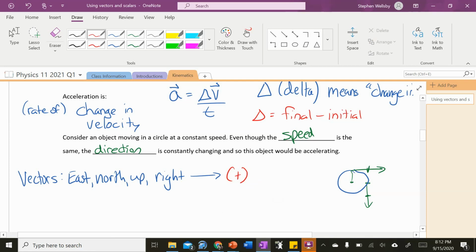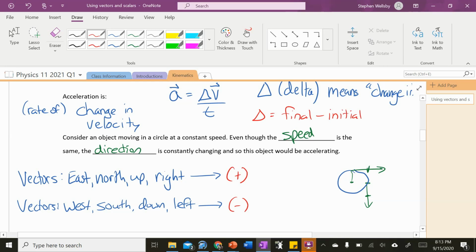And any vectors that are west, south, down, or to the left, we would of course consider to be negative vectors.